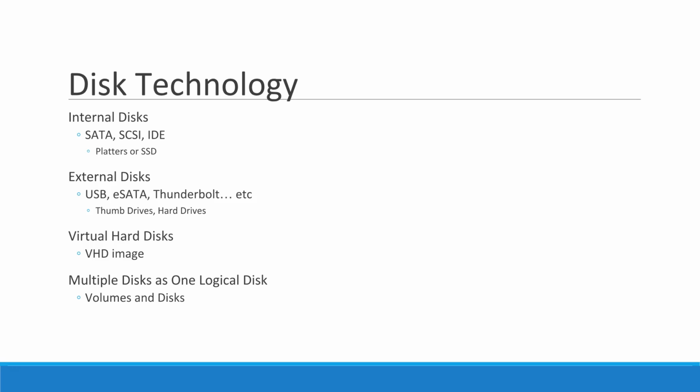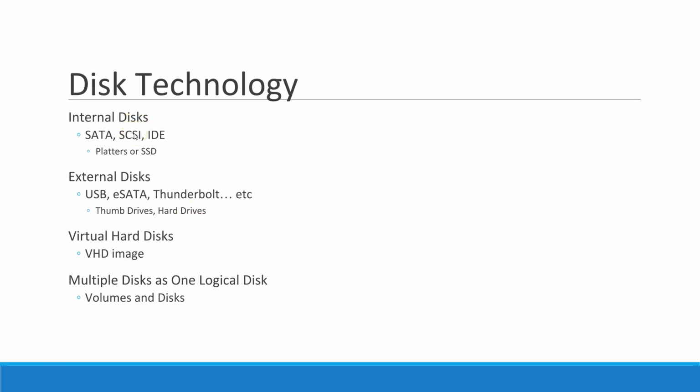We're up to SATA version 3 as of this recording, and it does about 6 gigabits per second, which seems pretty fast, but again, relative to memory, it's relatively slow. SATA has pretty much taken over IDE, which was one of the previous standards. Both platters and solid-state drives can run SATA.